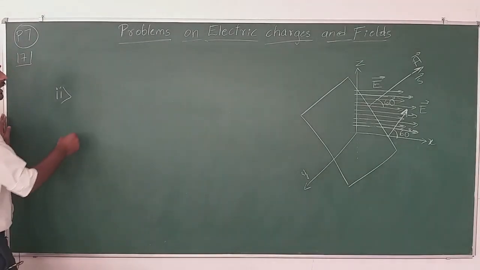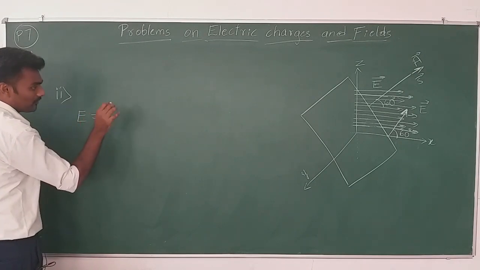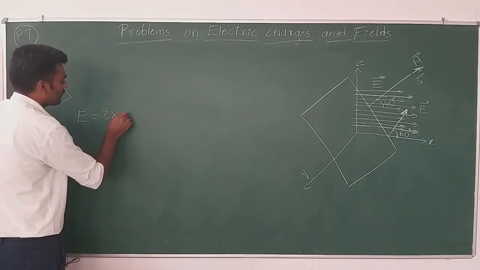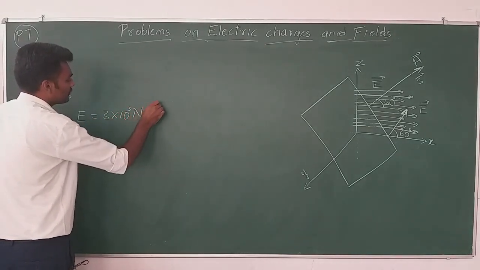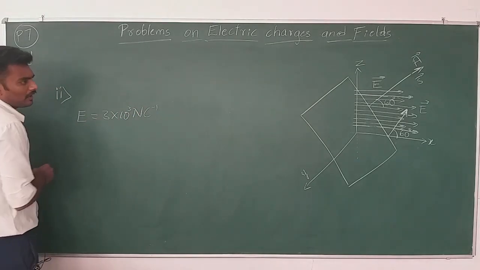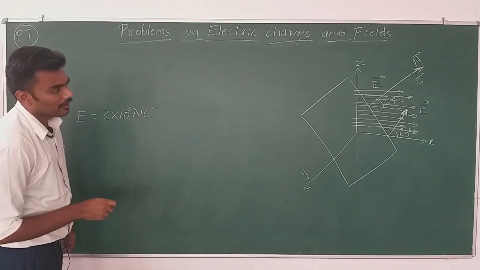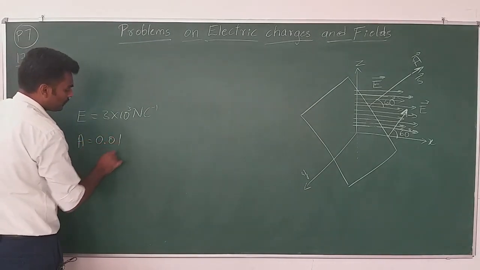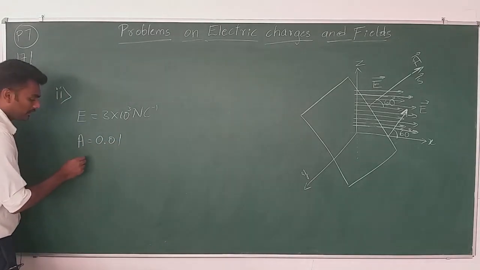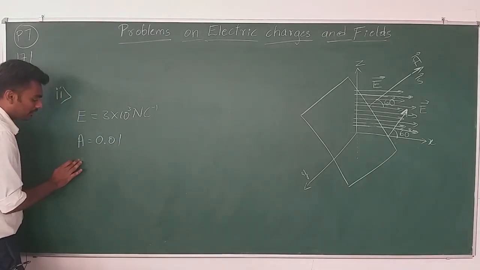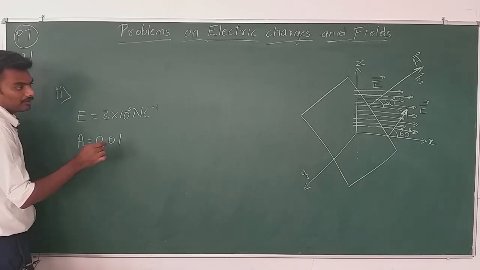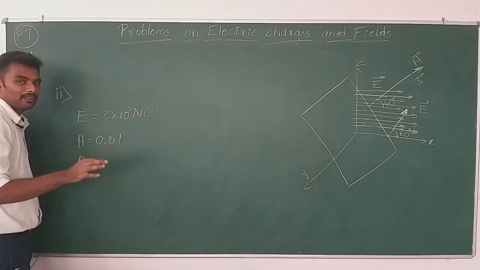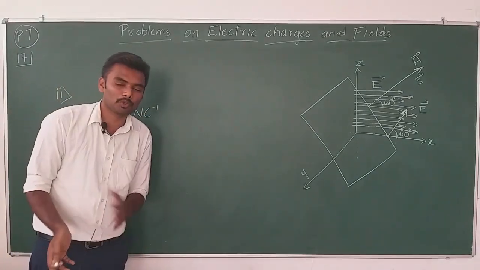So once again writing the given data, E is the same electric field chosen. It is 3 into 10 to the power of 3 Newton per Coulomb, and the area remains the same, 0.01, but the new angle theta between A and E, or S and E. I am taking A, you can take S, both are fine here.